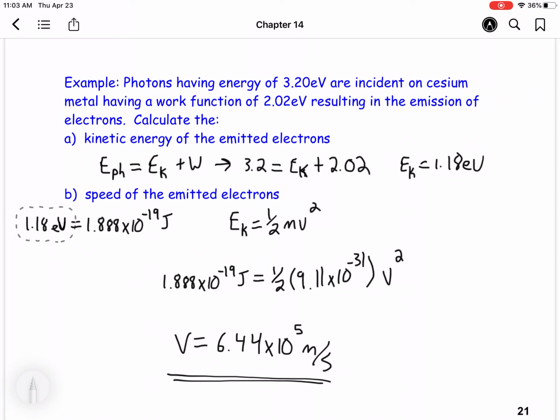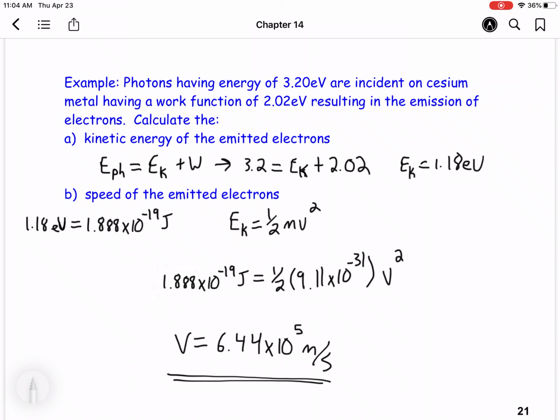But the issue is that I want to figure out the speed, which is in this equation. Electron volts can't go into our EK equation, so we have to convert to joules. We use our conversion from our formula sheet, convert to joules, put it in, and we get a velocity of 6.44 times 10 to the 5 meters per second.